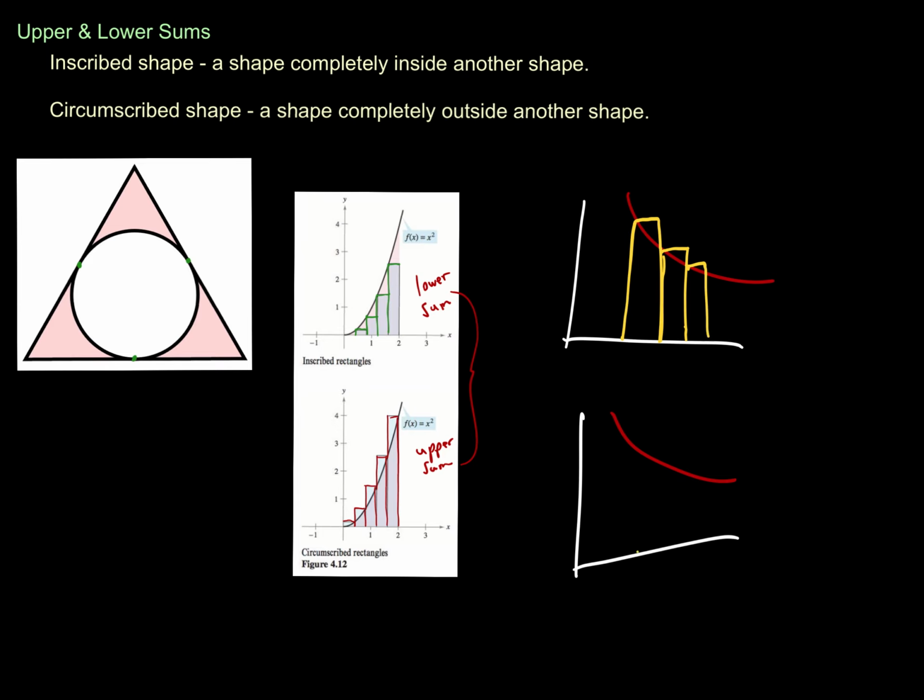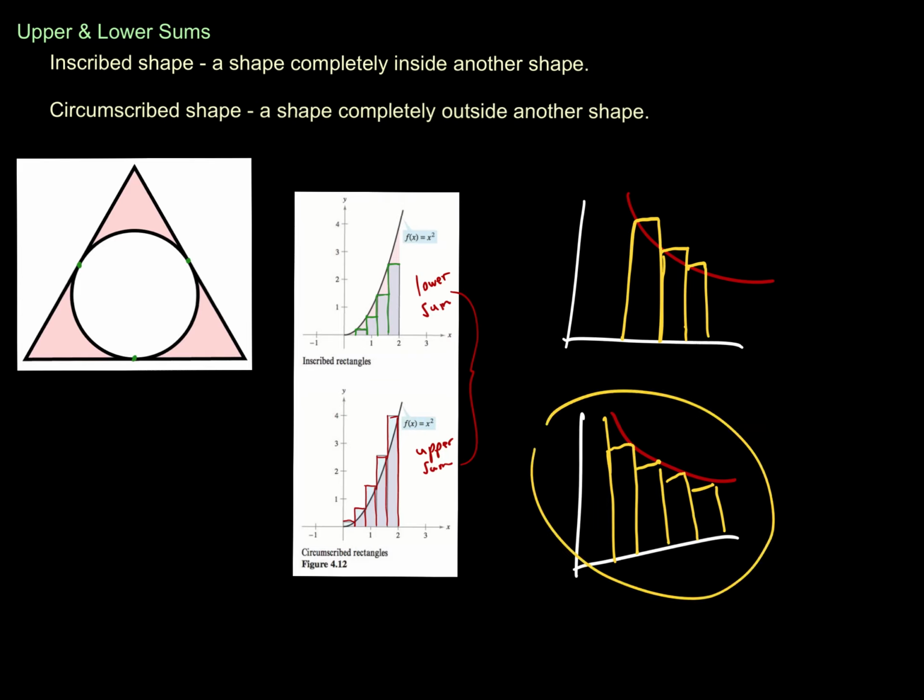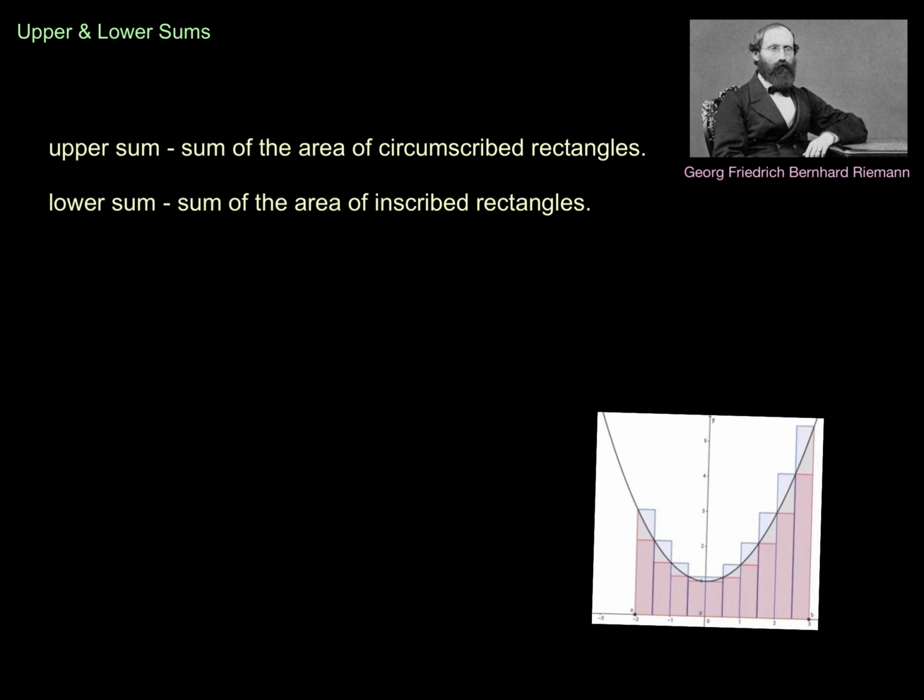And if you were to use right endpoints, the right endpoints are going to be the under or the lower sum. So I don't want you to think that the lower sum is always the left endpoint, because as you can see, sometimes the lower is the right endpoint. And same thing with the upper sum. It depends on the curvature of the graph.